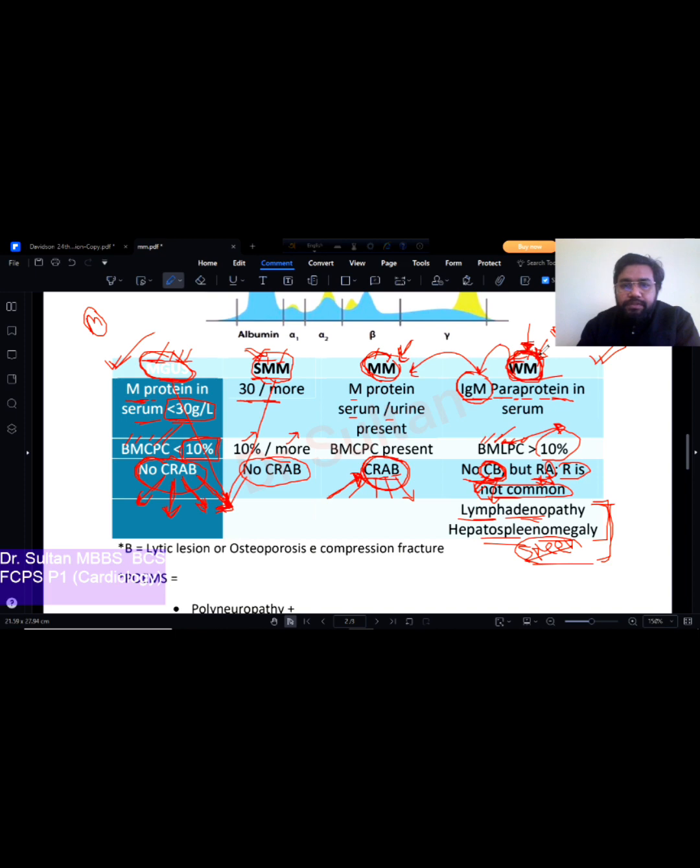Okay, so if on examination you find he's having lymphadenopathy or hepatosplenomegaly or splenomegaly, so you can primarily diagnose the case of Waldenstrom macroglobulinemia. Okay, so you do the other parameters like paraprotein and the bone marrow. So you can say it Waldenstrom macroglobulinemia. Okay.